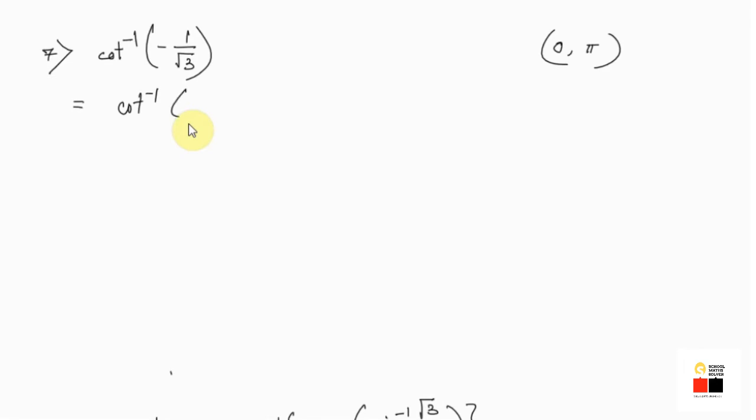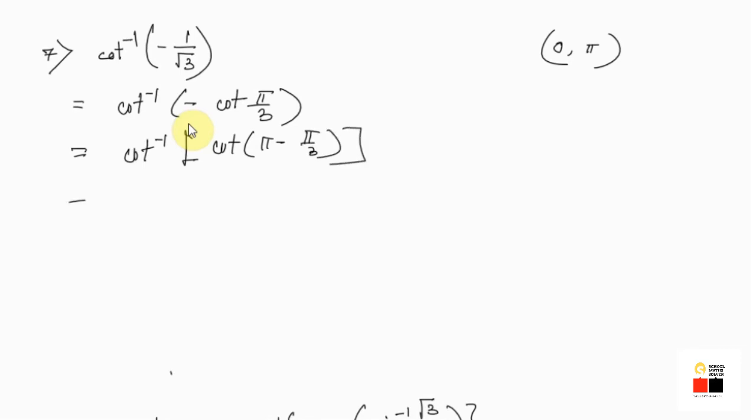Cot inverse cot of pi by 3 equals to cot inverse cot pi minus pi by 3 equals to cot inverse cot 2 pi by 3 equals to 2 pi by 3. 2 pi by 3 will be the answer.